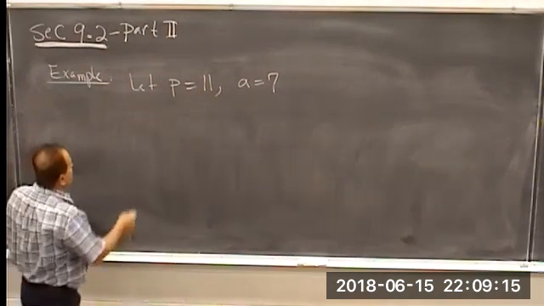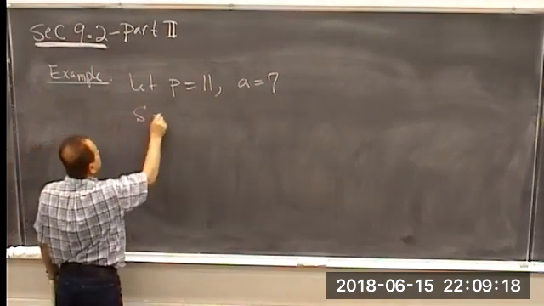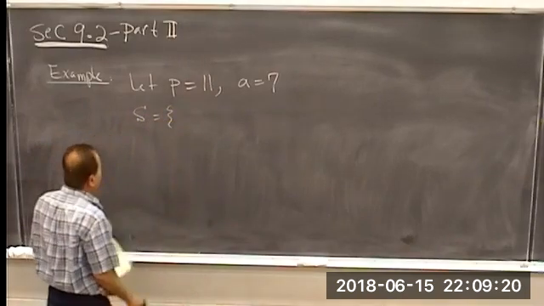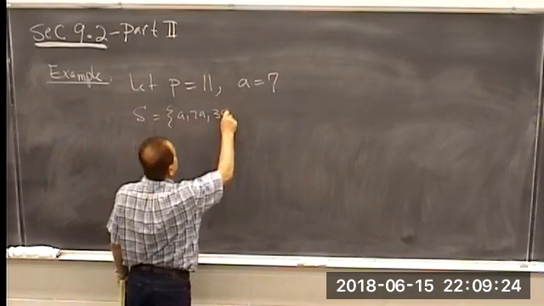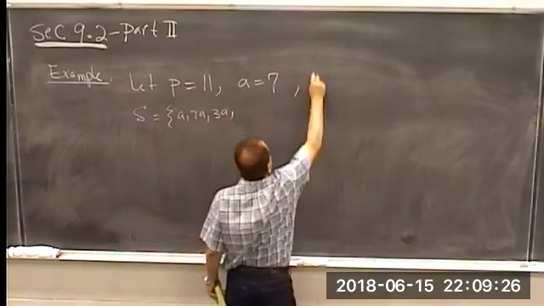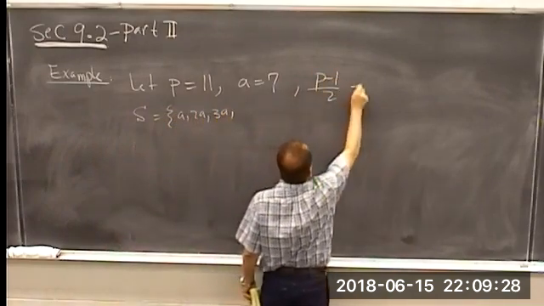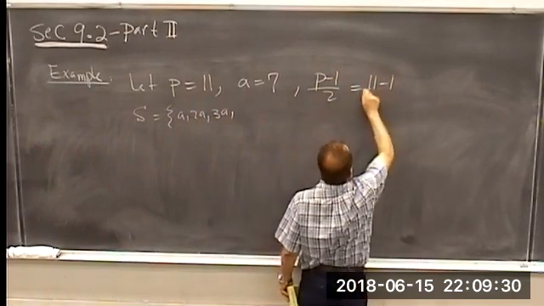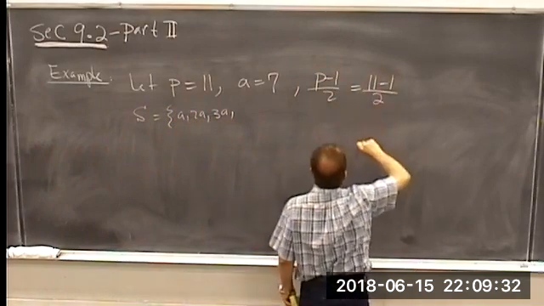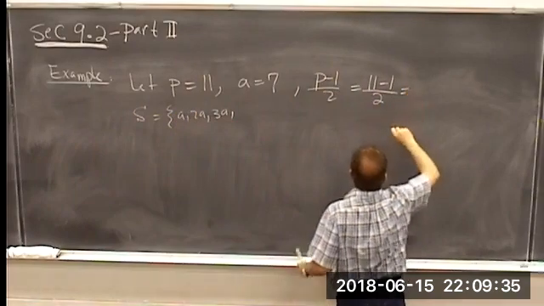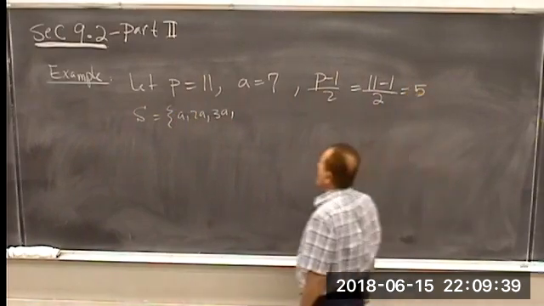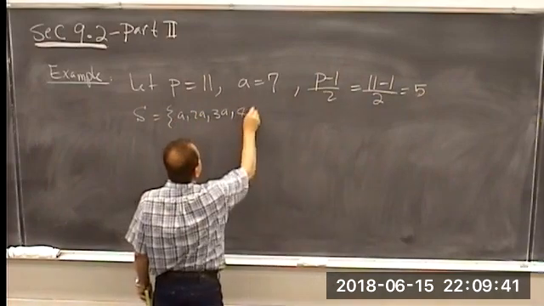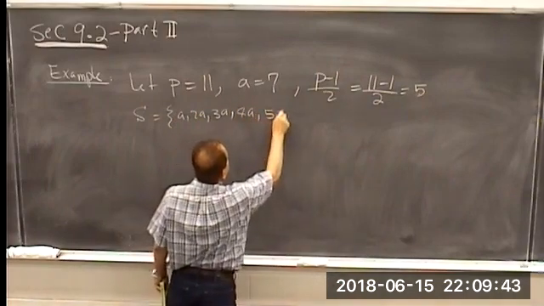And we need to have this set. Remember, this set in general is equal to A, 2A, 3A, up to (P minus 1) over 2 times A, and of course, this is equal to 5. So we're going to go A, 2A, 3A, 4A, and 5A.